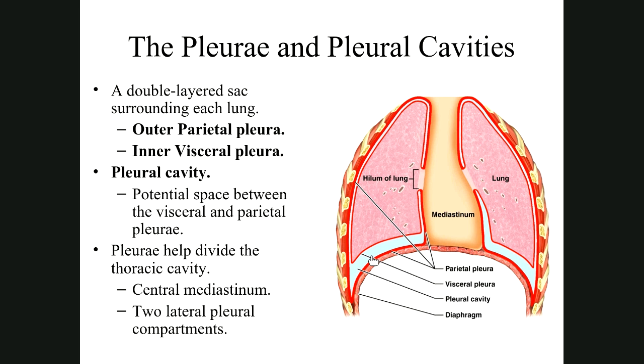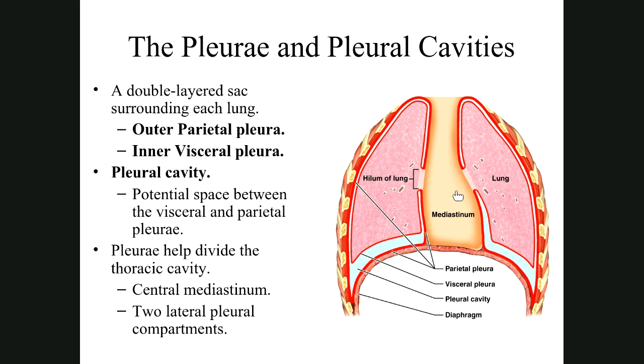Okay, what is the space in the pericardium? That is called pericardial cavity. Here in the lungs it is called pleural cavity. So again it is a potential space between the visceral and parietal pleura. This pleura helps divide the thoracic cavity into a central mediastinum.